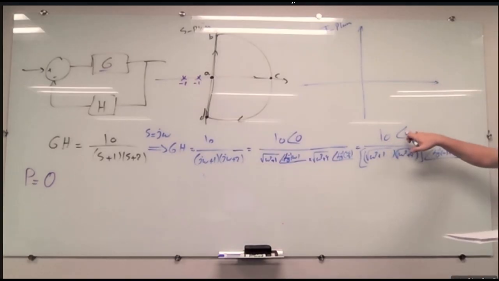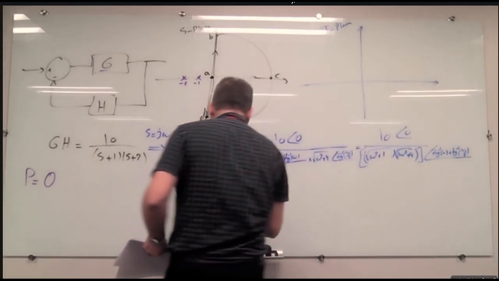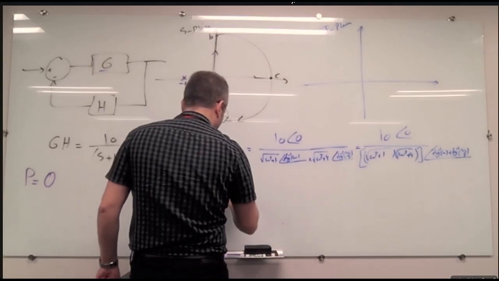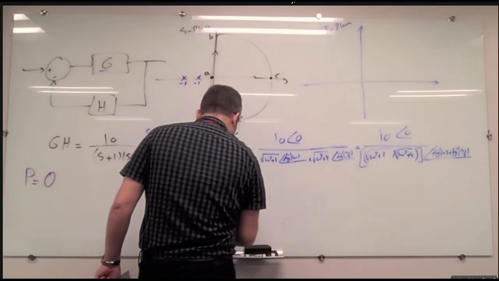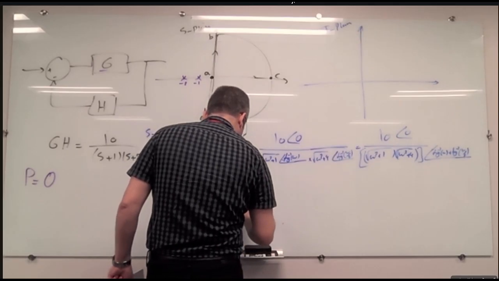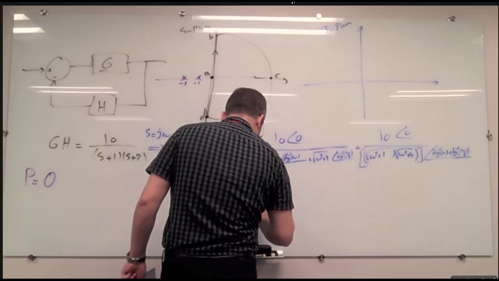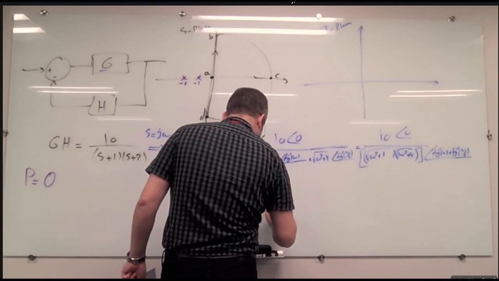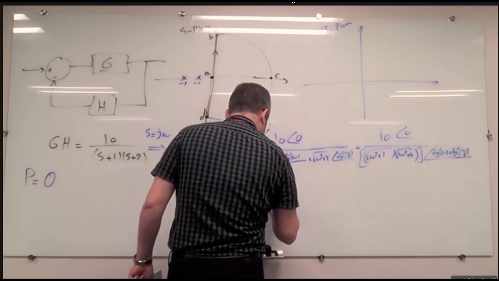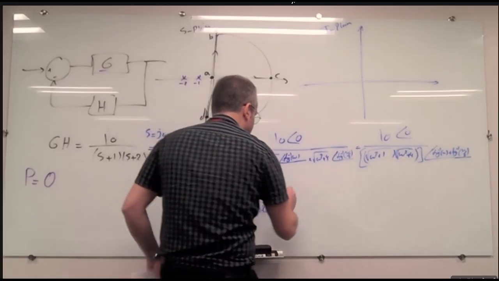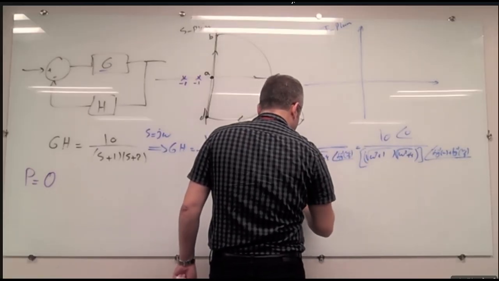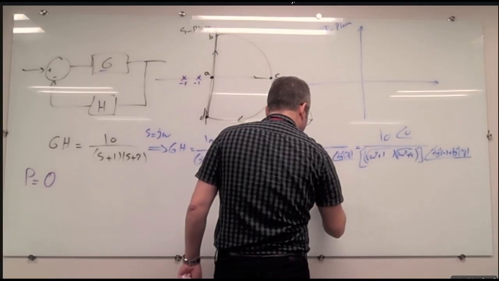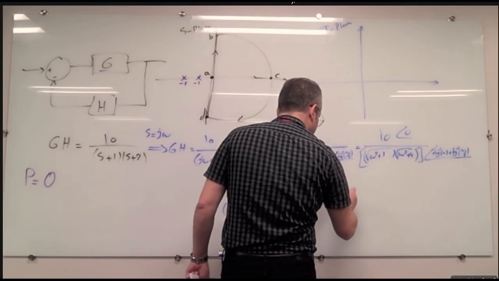Now we have 10 with a 0 degree at the numerator, so the overall vector of GH is going to be 10 over that amplitude, and the phase is going to be 0 minus this, which means it's minus tangent inverse of omega minus tangent inverse of omega over 2.